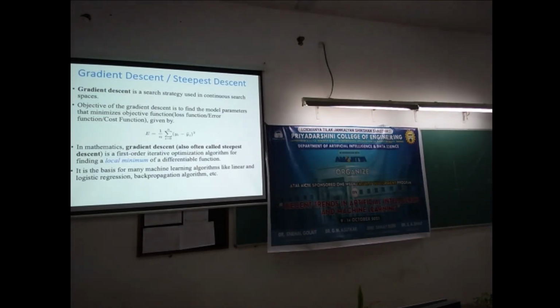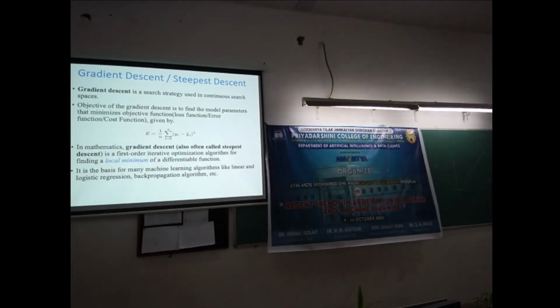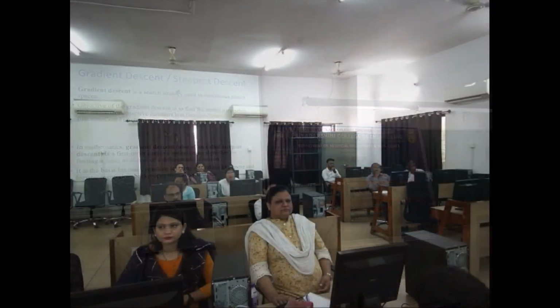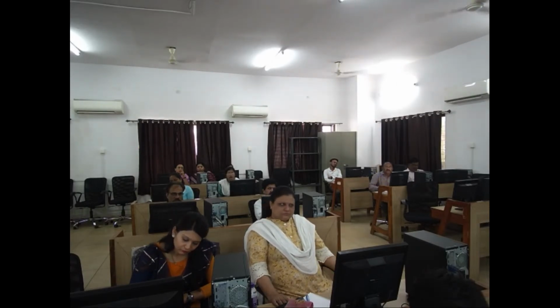Now, the gradient descent or steepest descent algorithm. Our main aim is to study the gradient descent algorithm in this lecture, because it is very important and it is the backbone of many machine learning algorithms, including backpropagation.